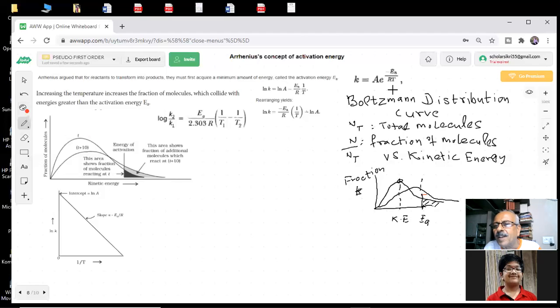This is my temperature T1 and this is my temperature T2. T2 is greater than T1, students. And you can see that here the fraction of molecules has increased. So with increase in temperature, this is the fraction which has increased.